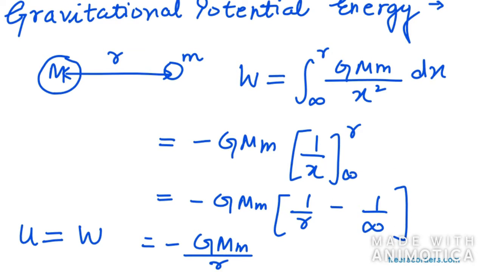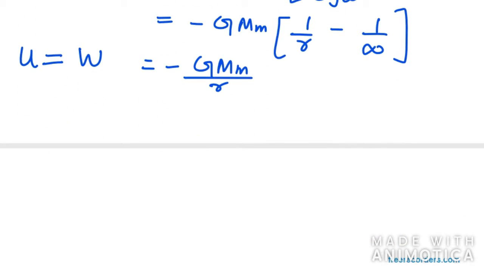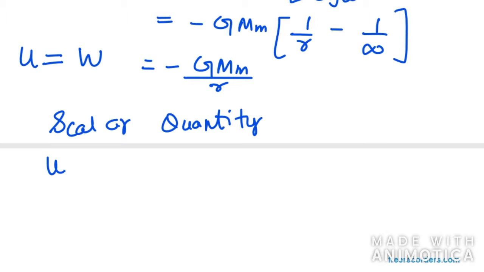Now, moving on to its properties. Potential energy is actually a scalar quantity. The next thing is the unit. The unit of work done is the joule.